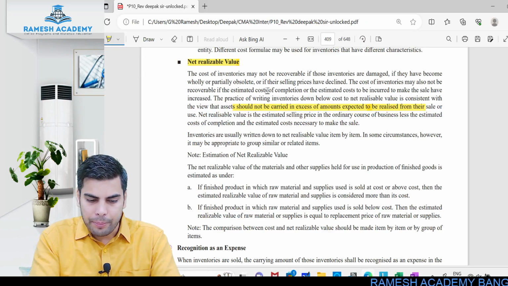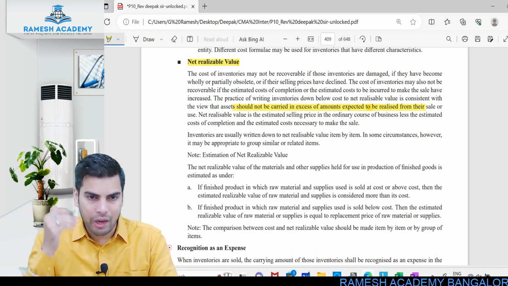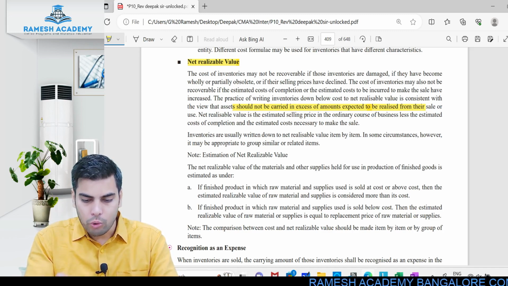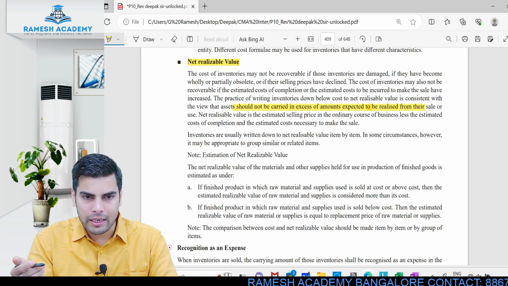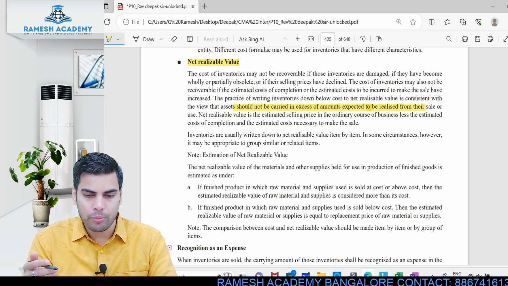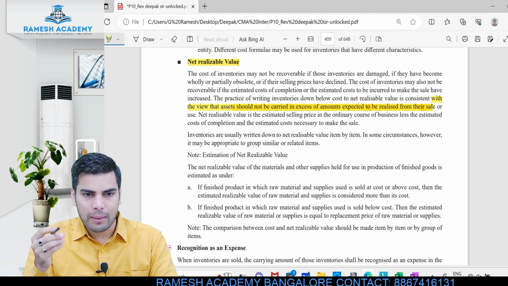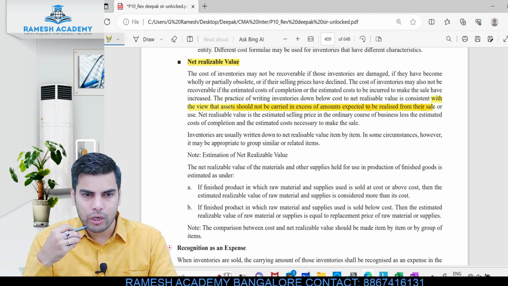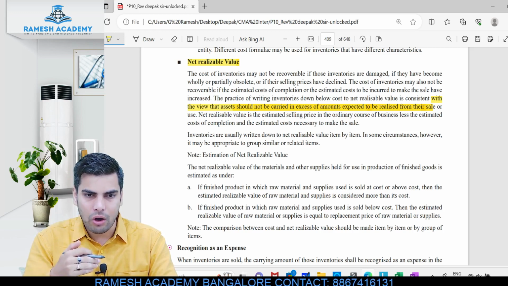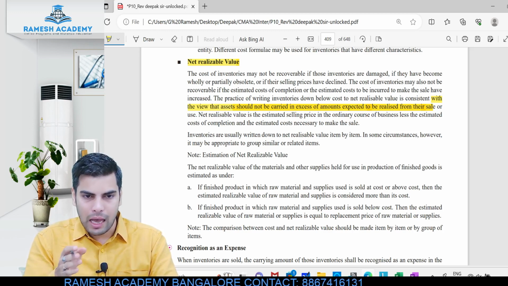Read this. The practice of writing inventory down below cost to net realizable value is consistent with the view that assets should not be carried in excess of the amount expected to be realized from their sale. So at any point of time, if the expected amount which I am going to realize is lesser than cost, then inventory should be valued at such amount.